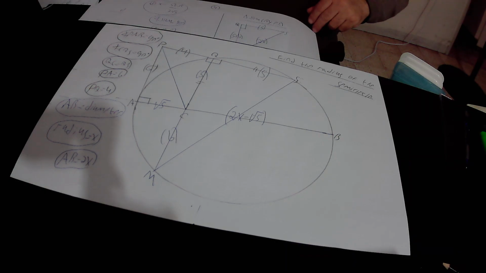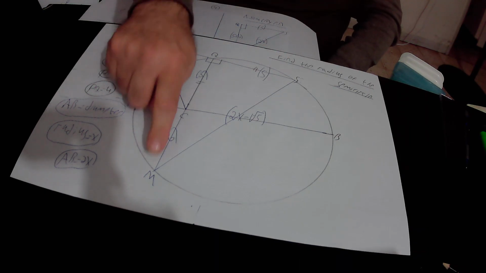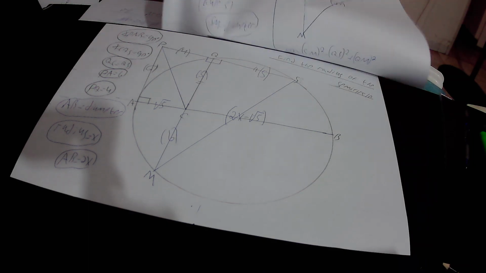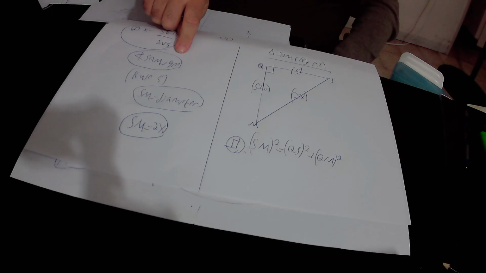So we can actually implement rule number 5 in our drawing, because in our drawing we have peripheral angle MQS, or SQM, equal to 90 degrees.